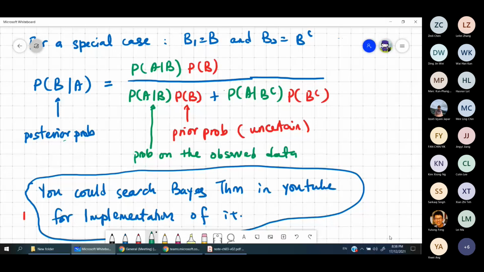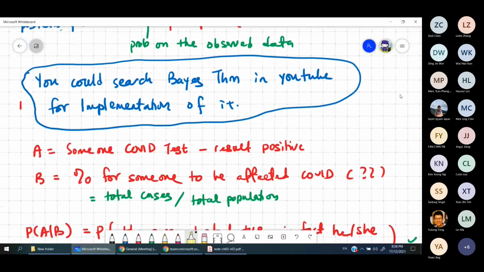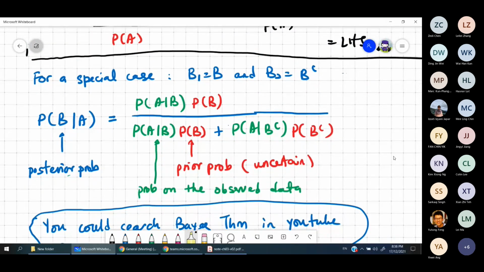This green color is something that can be measured from the observation data. However, the only issue is this PB, the prior probability. Prior means something that is before it happened, so we don't know. This is something uncertain, which is why it is an unknown parameter for us to set inside. So this is how we apply Bayes' theorem.